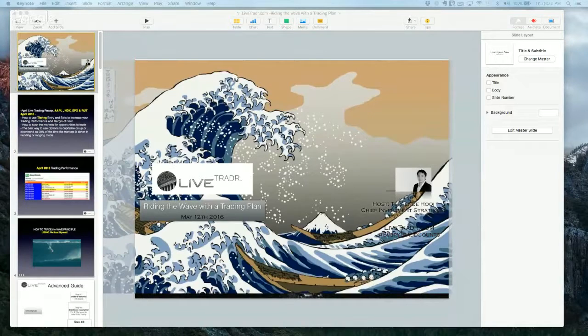Traders, if you can hear me, please type into the chat box on the right-hand side, just to confirm everything is working well.